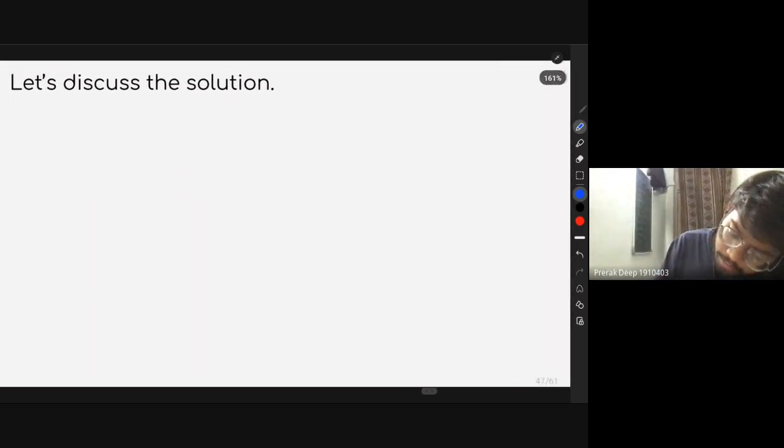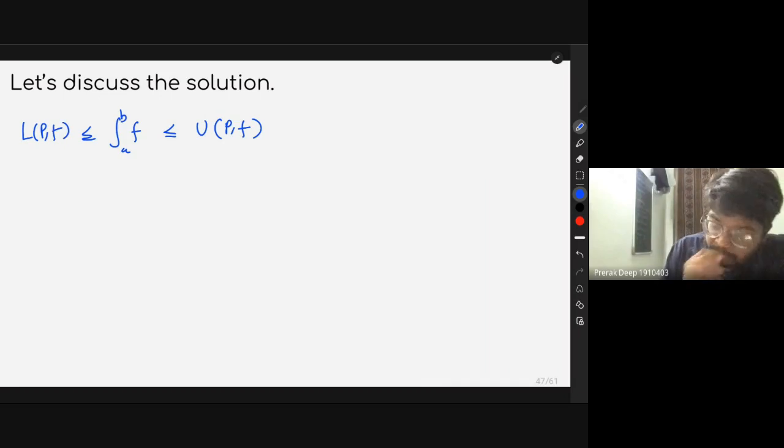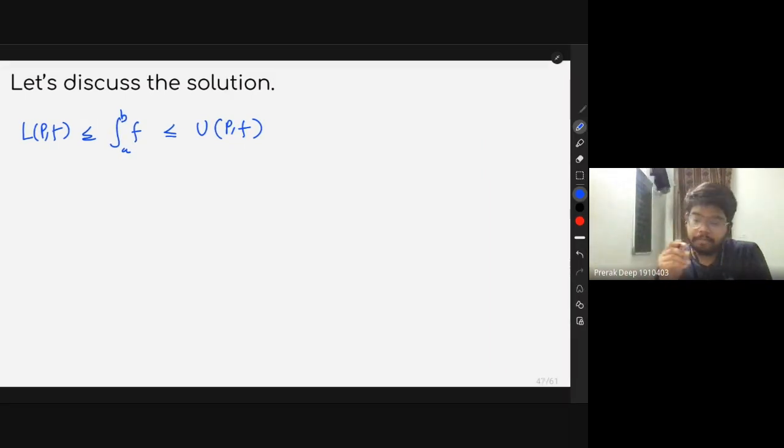So we know that this integral is bounded between the lower sum and the upper sum. Okay, it's sandwiched between them.